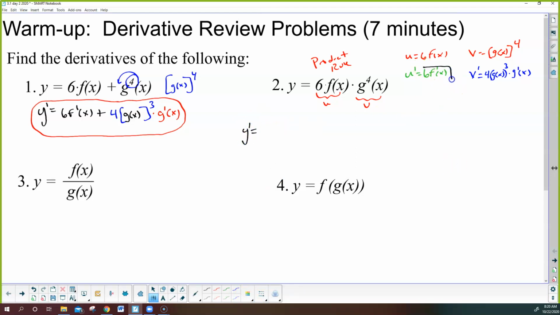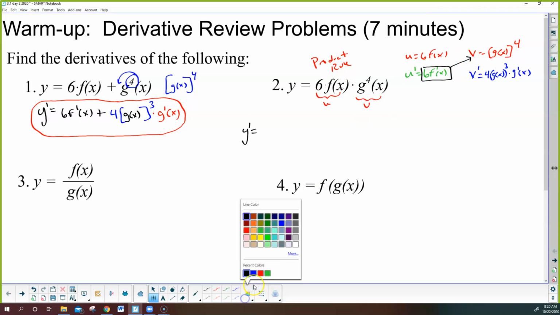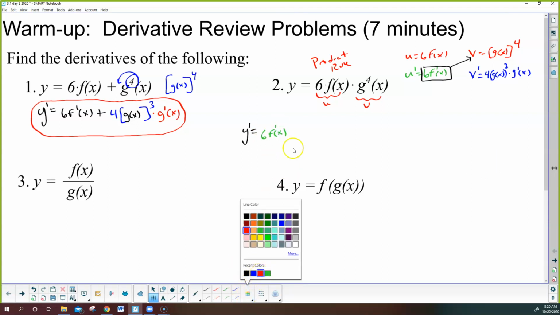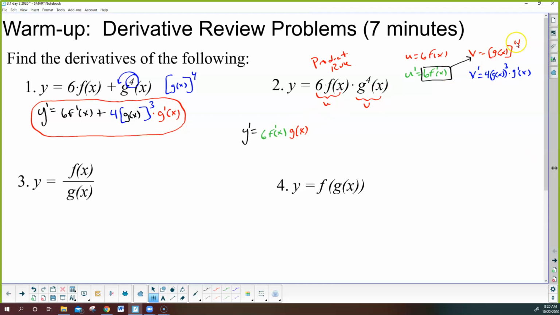We take the derivative of the first using the product rule, derivative of the first times the original second. And I think instead of writing the 4 in the upper corner, I would put the 4 right above the g.